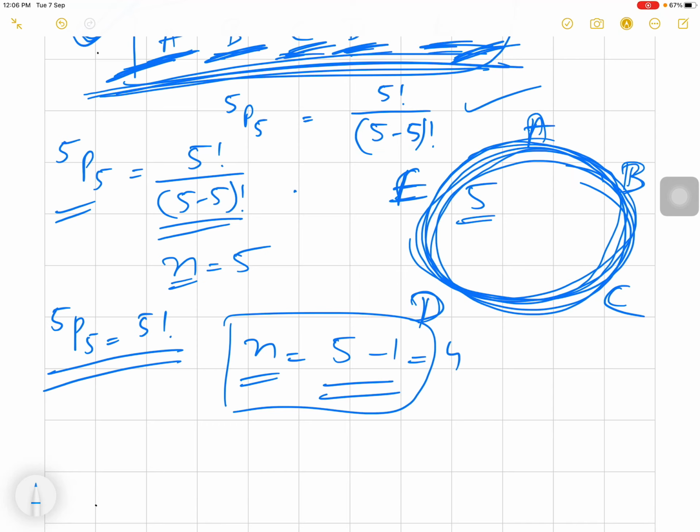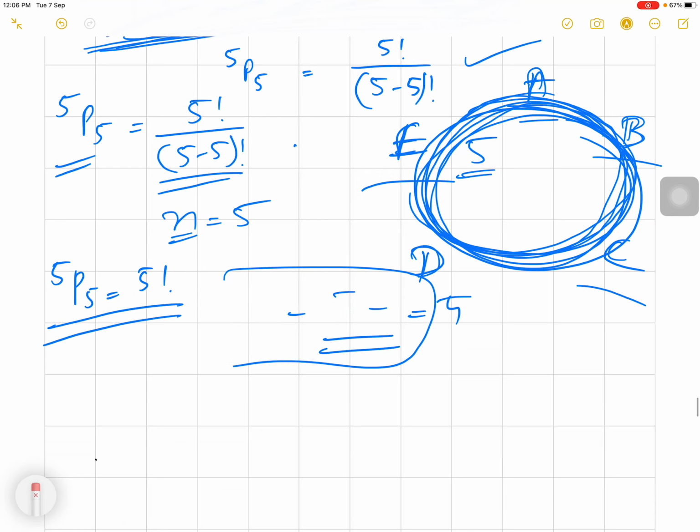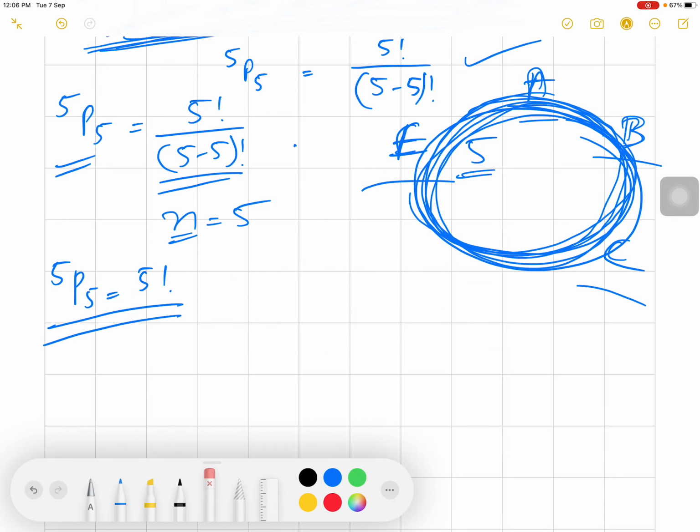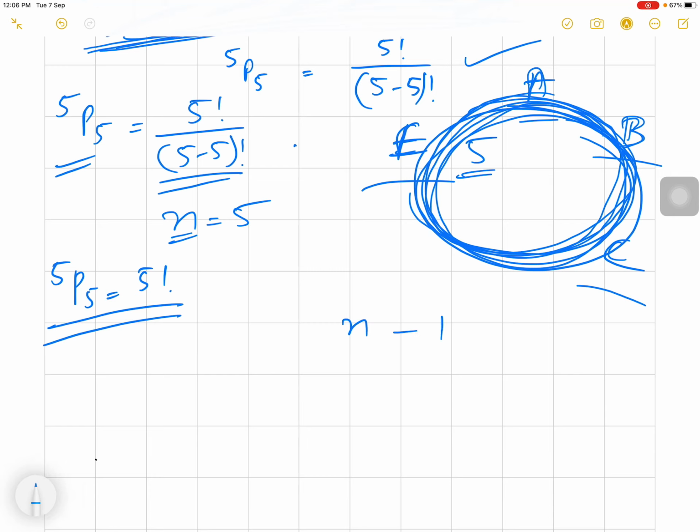But when people are sitting in a circle, the answer is 4 factorial and not 5 factorial. So if there are 5 people, you have to do n minus 1 factorial. Here there are 5 people, so 5 minus 1 factorial, which is 4 factorial. This is how you solve a circular permutation. You have to always subtract 1 because there is no starting point or end point.